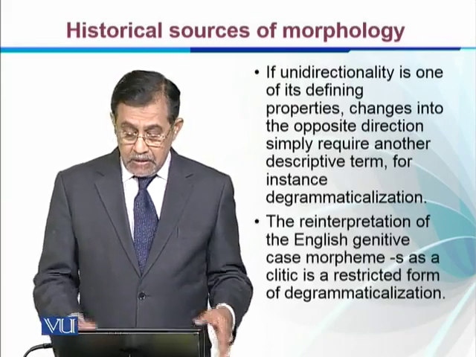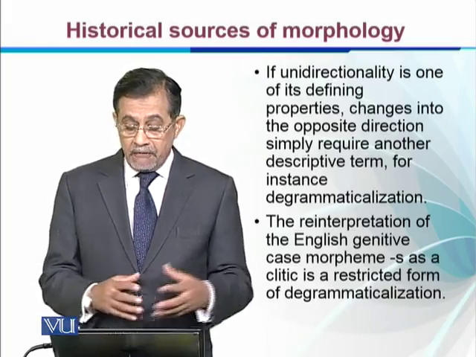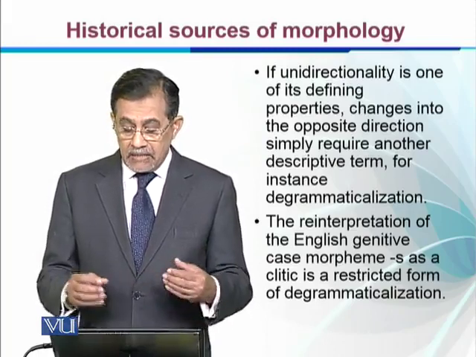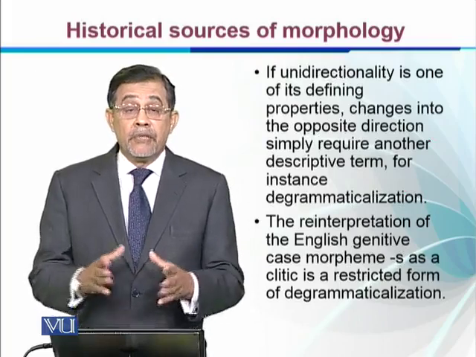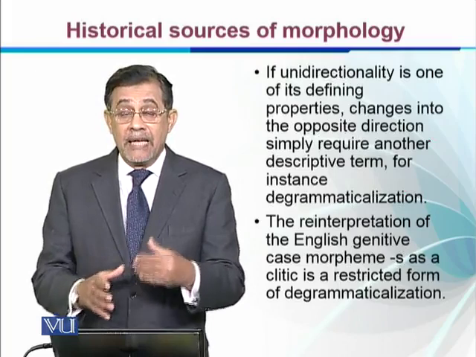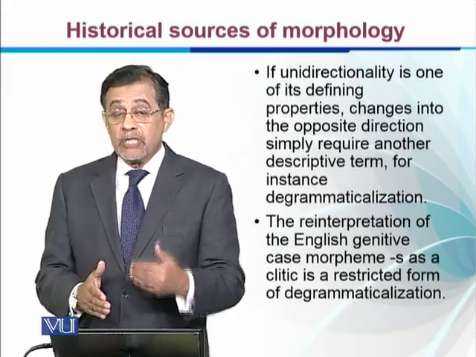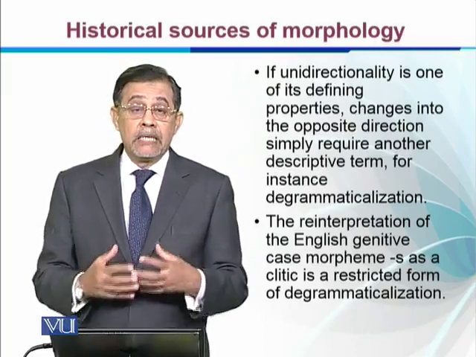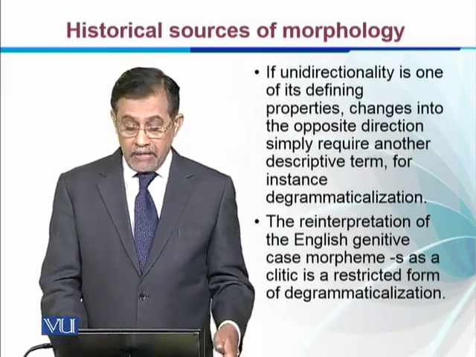So the reinterpretation of the English genitive case morpheme s as a clitic is a restricted form of degrammaticalization, in that the word has lost its status. The s used to be his, right? But with the passage of time, it has degrammaticalized and has become simply an s for genitive case.